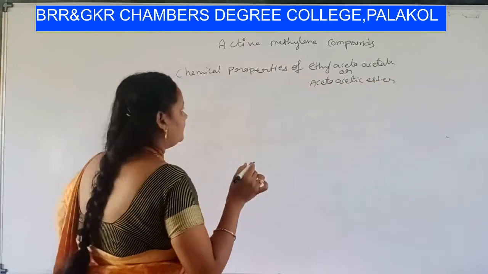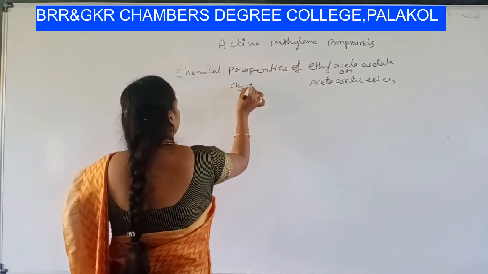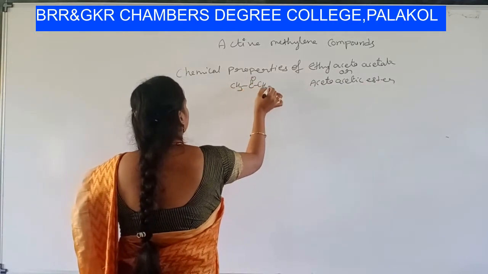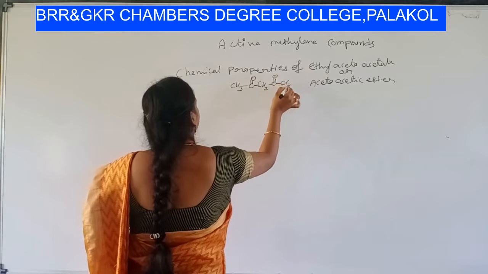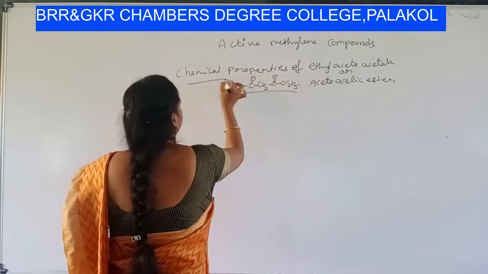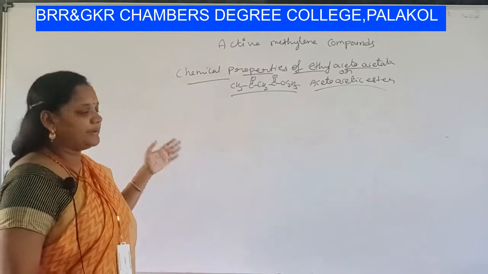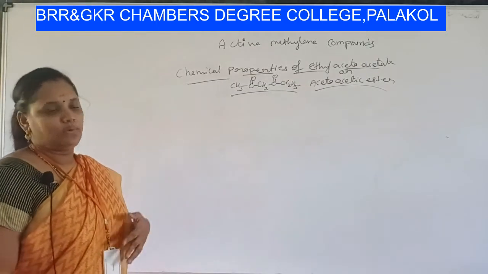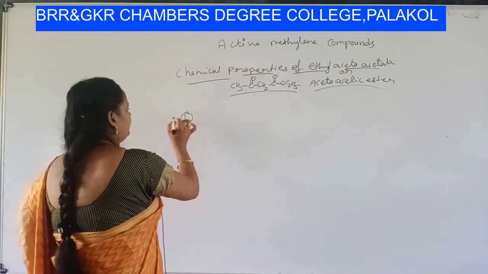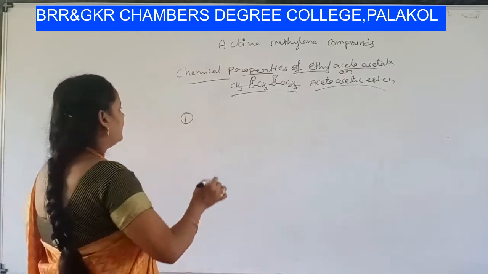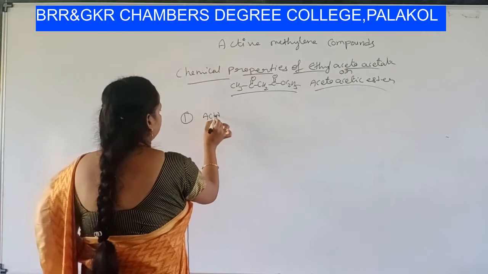What is the formula of this? CH3 C double bond O, CH2 C double bond O, OC2H5. Students, you have to remember the formula. Okay, let us do the chemical properties one by one. The first property, okay, acidic hydrolysis.